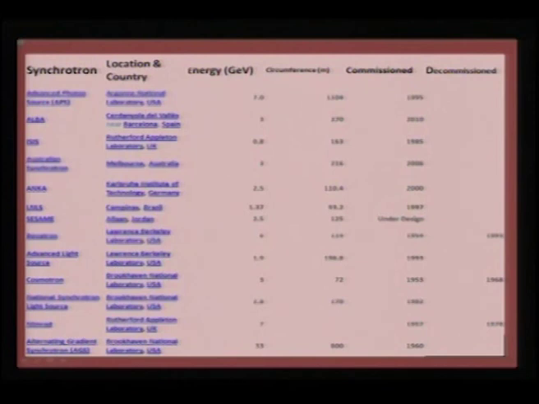What is important to notice is the circumference of the synchrotron radiation source in meters, and then the energy that is generated. In this list you would see that the major players are in Europe and in the US, and most of the facilities are housed in the US.